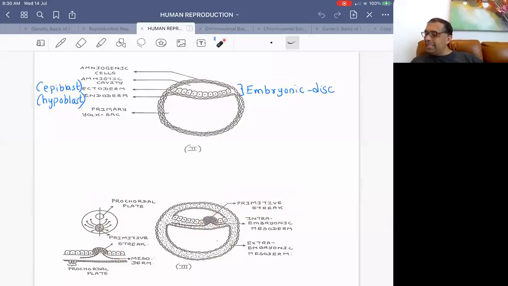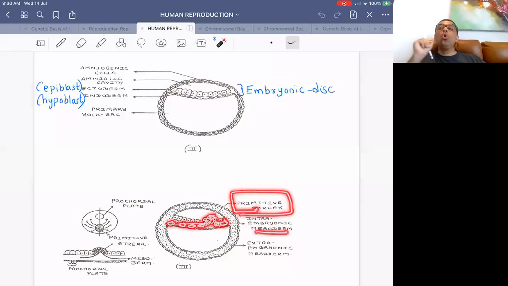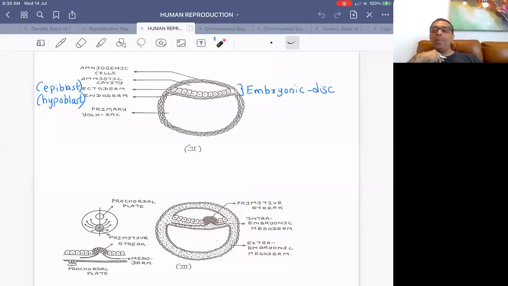Primitive streak cells spread between the ectoderm and the endoderm to form the mesoderm. This mesoderm has come from the primitive streak, which is a part of the ectoderm, which is embryoblast cells, which means this mesoderm is going to participate in the formation of future organs of the baby and is rightly called the intra-embryonic mesoderm.